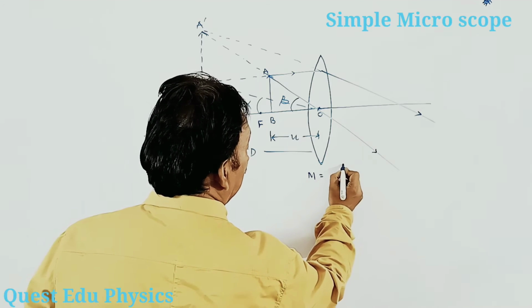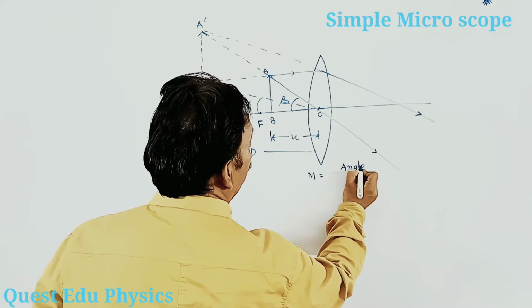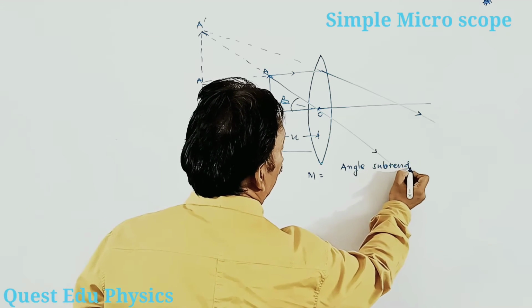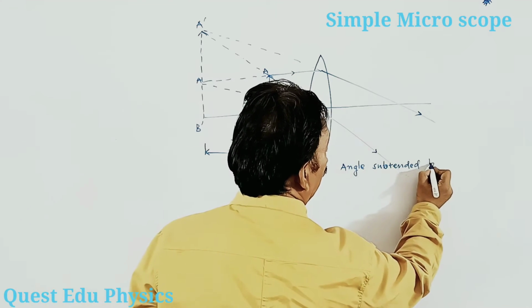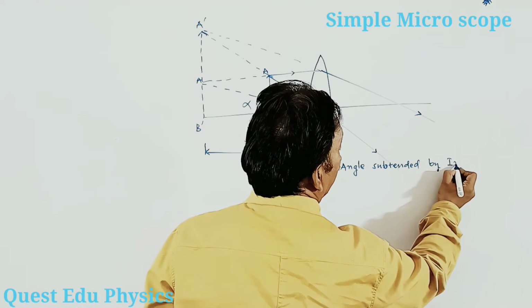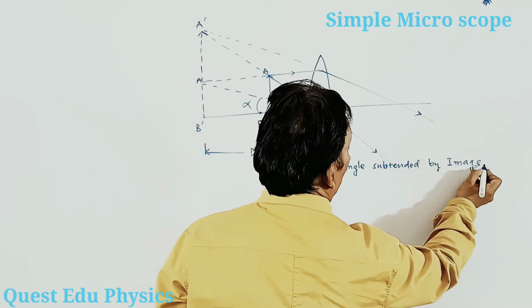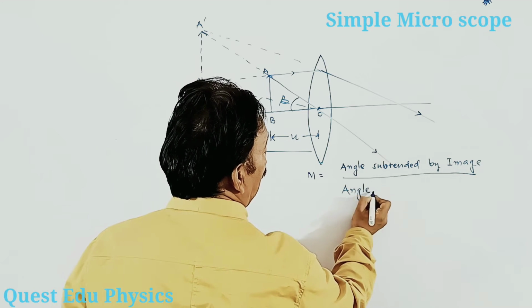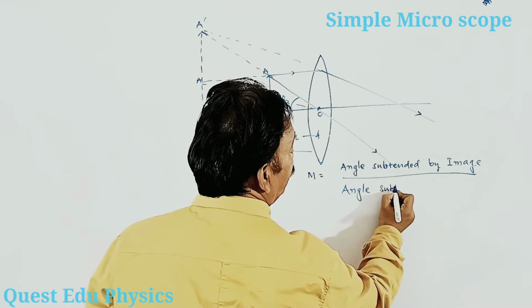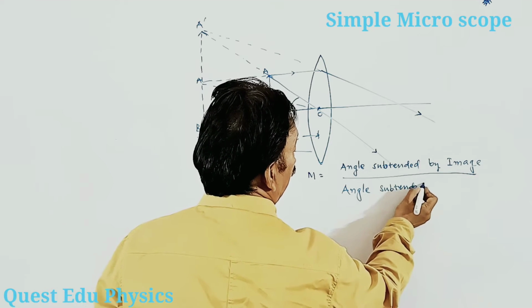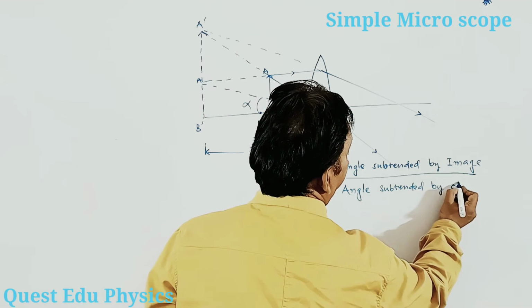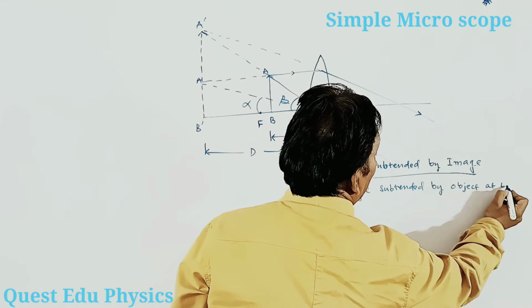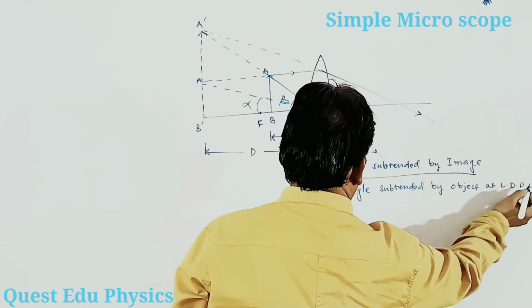It is the angle subtended by image to the angle subtended by object at least distance of distinct vision.